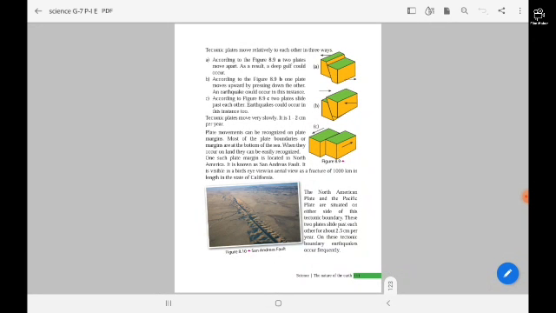So in figure 8.9, point A, the plates move apart, and then a very deep gulf occurs, often but not always. According to figure 8.9 B, one plate moves upward by pressing down the other.